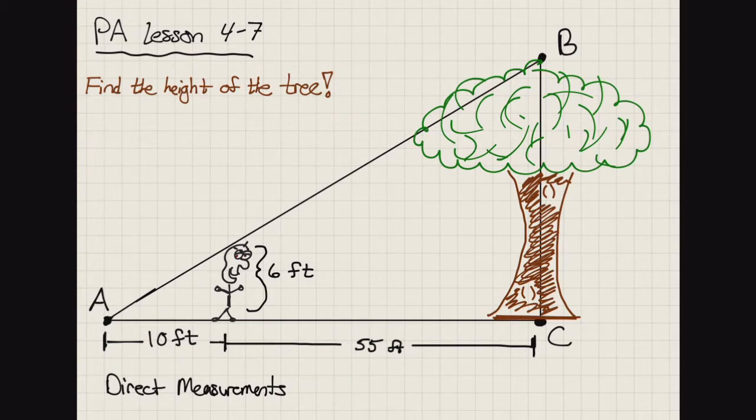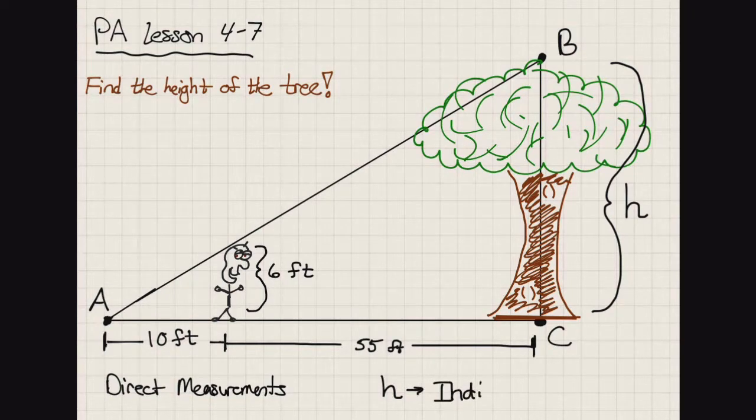And I'm going to tell you that the height of the tree, okay, which we are going to call h, will be an indirect measurement. We'll just call it an indirect measure for short, because we're going to use math to find the height. All right.